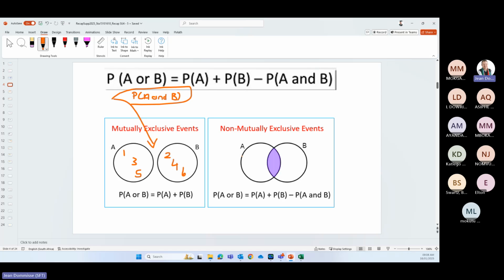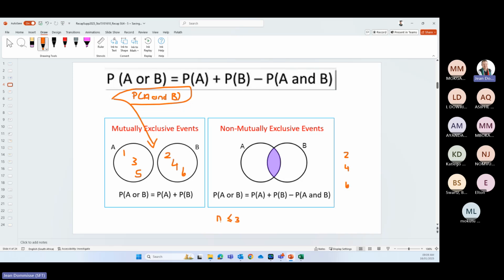Let's look at an example where event B stays 2, 4, and 6, but event A is all the numbers smaller or equal to 3.